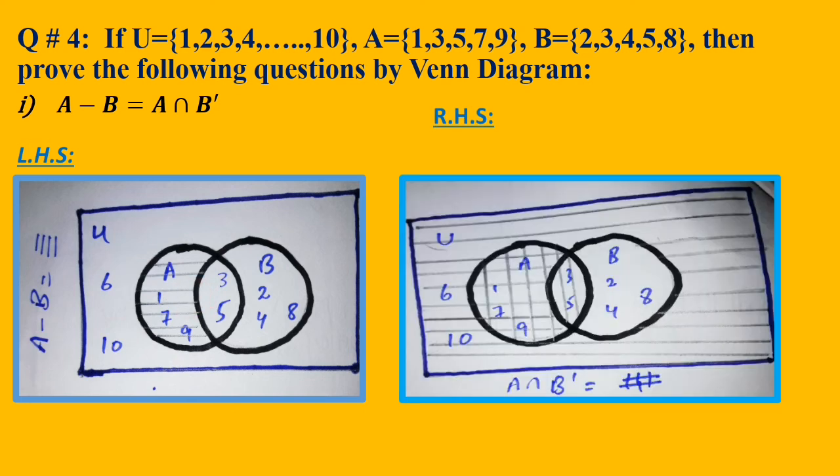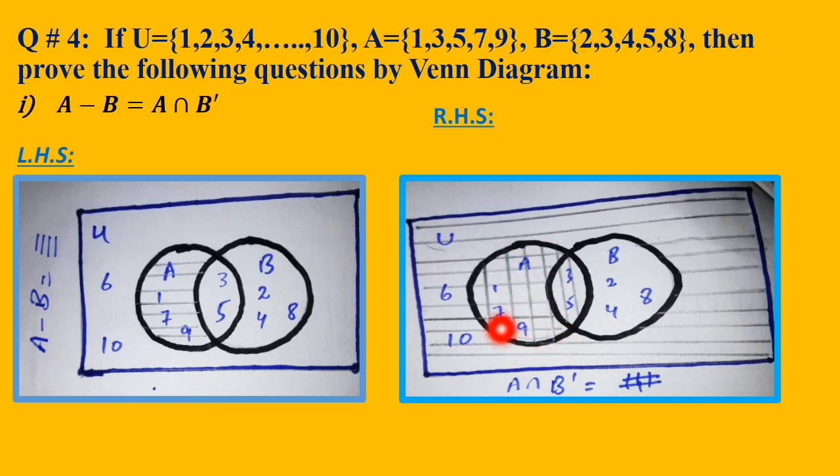Let's come to the right hand side. Here, students, we have to represent A intersection B complement. B complement means all the area which is outside the set B, so this area is represented with the help of horizontal lines. These horizontal lines represent the area outside the set B. So this is the B complement, and we have to take its intersection with set A. All the elements that are common to the B complement and set A will be this area, which is represented with vertical lines.